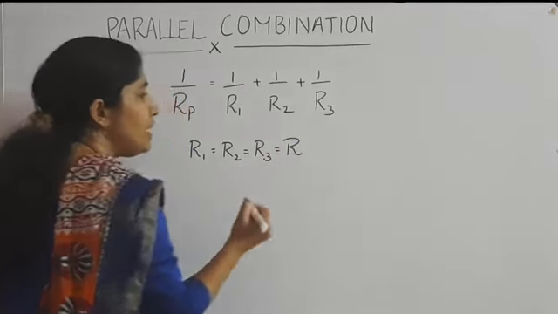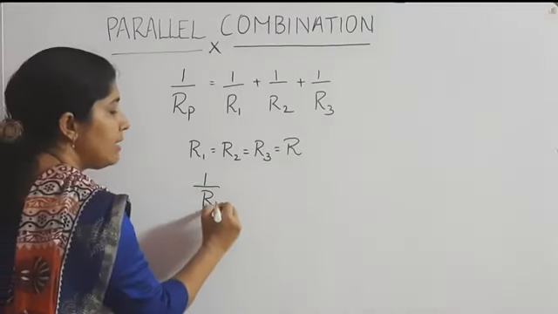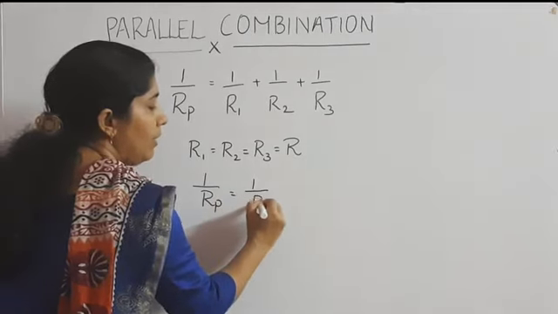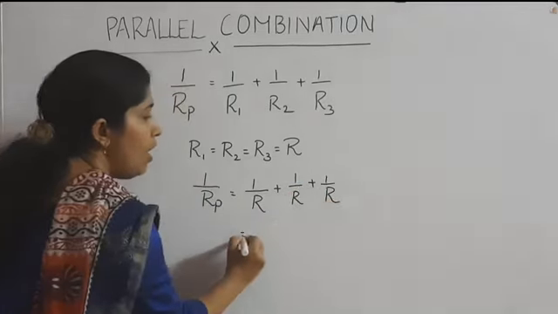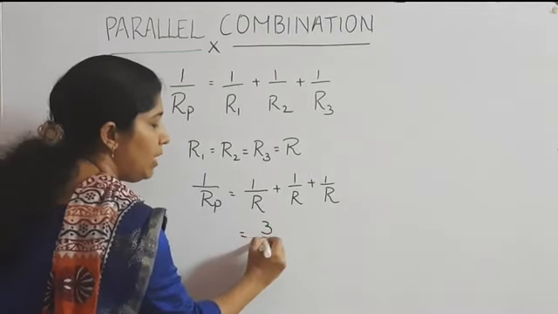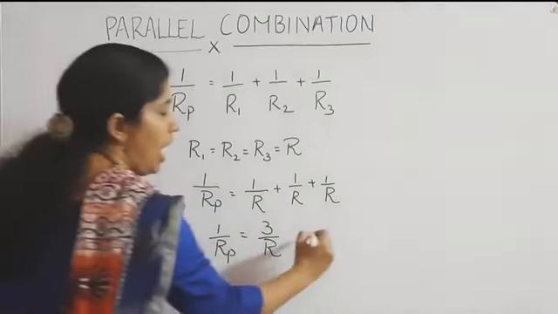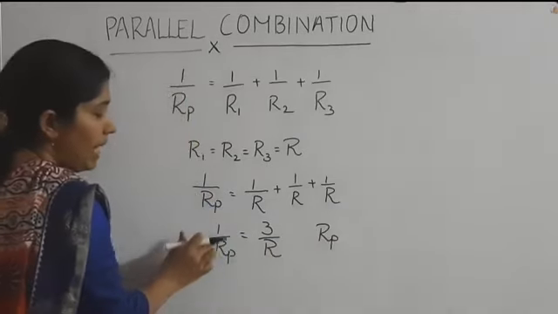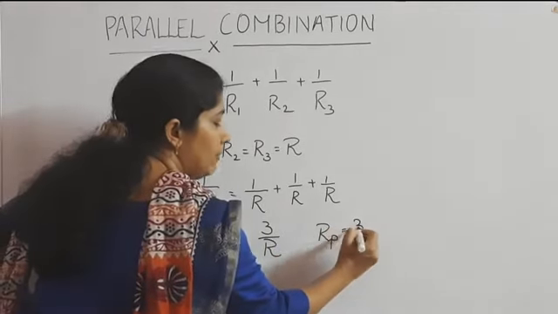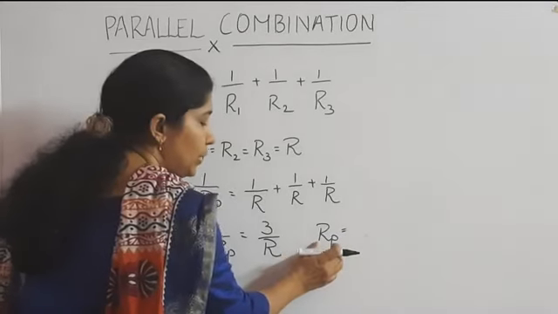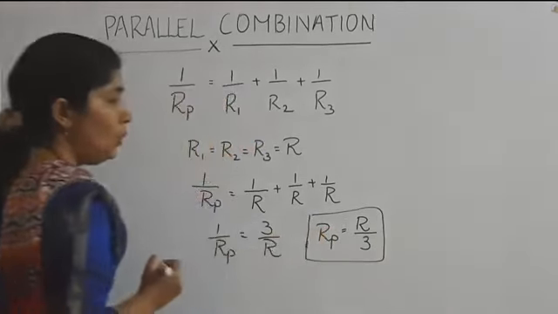If all these three resistors have the same resistance, what will happen? 1 by R parallel is equal to 1 by R plus 1 by R plus 1 by R, which is equal to 3 by R. So 1 by RP is equal to 3 by R. 1 by RP is the reciprocal of RP, therefore RP is equal to R divided by 3. The effective resistance here is R by 3.